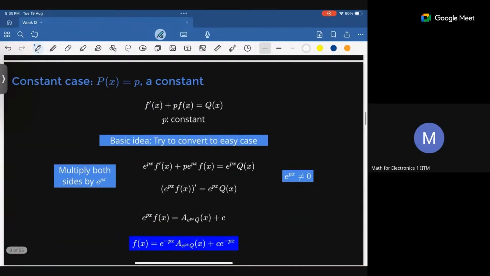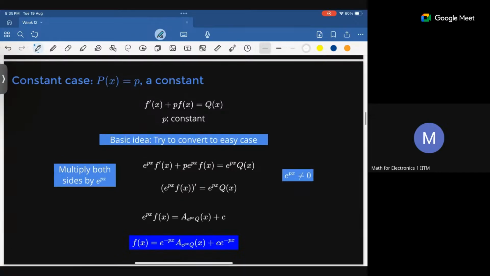What if p of x is some constant, which is independent of x? So p of x is some p. Now the equation will look like this: f prime of x plus p f of x equals q of x. Once we have an expression like this, we'll try to eliminate this f of x or convert it to the easy case.